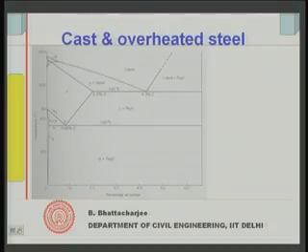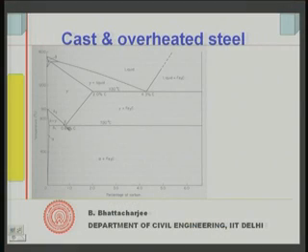Now, cast steel deals with the situation where the steel is coming from the liquid molten state. That means it is coming from this topmost place, it is in liquid, and then we are dealing mostly with situations where my carbon content is less than 0.85, the point E that I mentioned the other day. It is less than 0.85 because steel having more than 0.85 percent carbon is not really very useful as far as civil engineering construction is concerned.